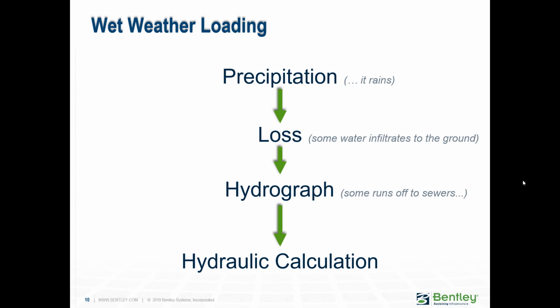So after modeling catchments, we need to put in the precipitation information and, if needed, a loss calculation. Normally, the loss calculation is a rate that will be used to calculate the amount of water that will be carried by the network.